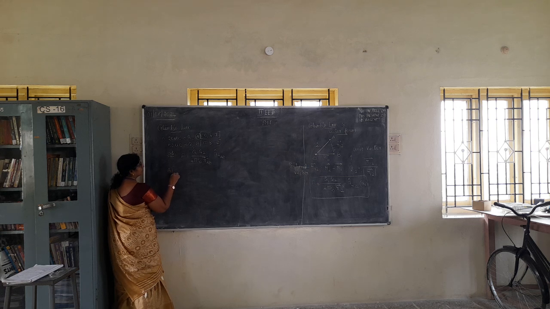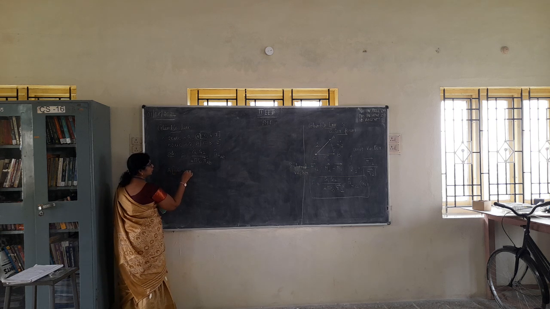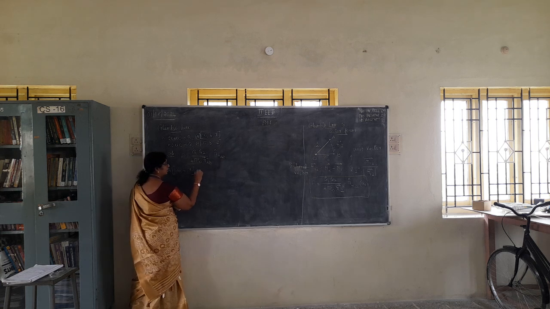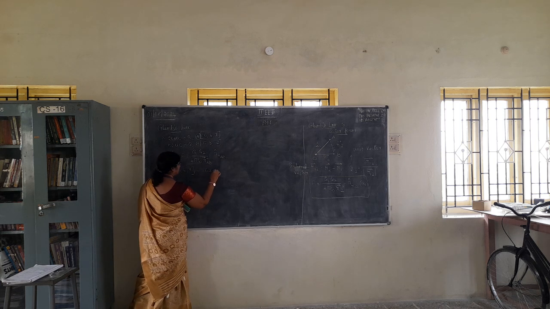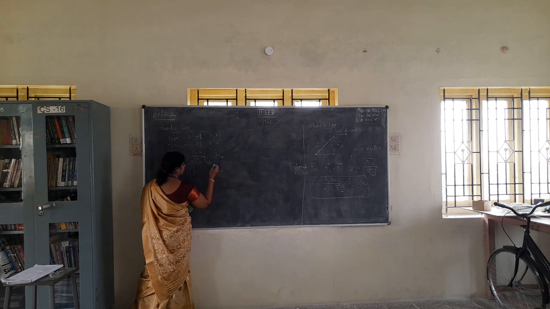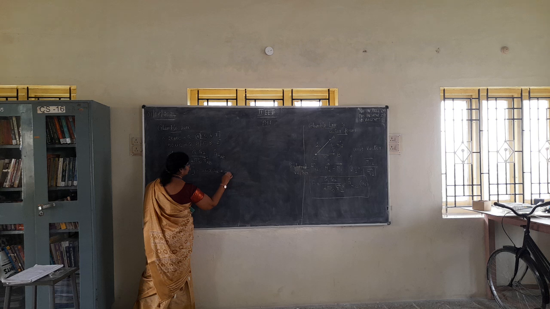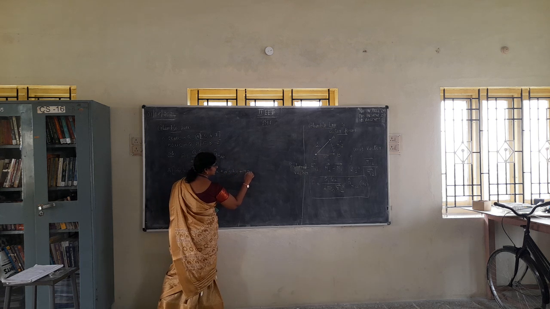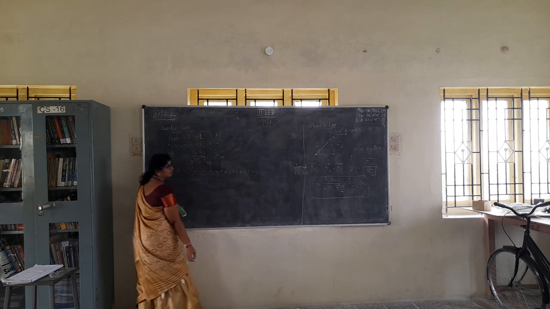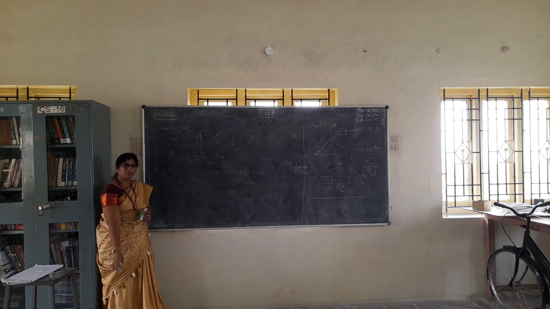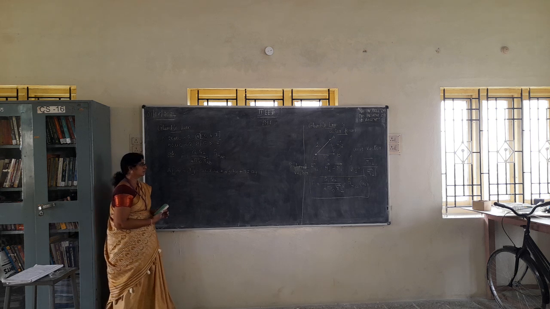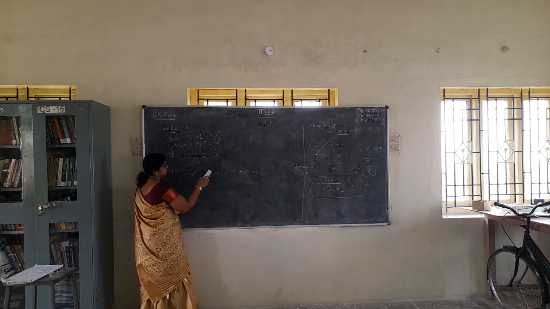A is at minus 6 comma 4 comma 7. This will be represented as minus 6 ax vector plus 4 ay vector plus 7 az vector, or minus 6i plus 4j plus 7k.